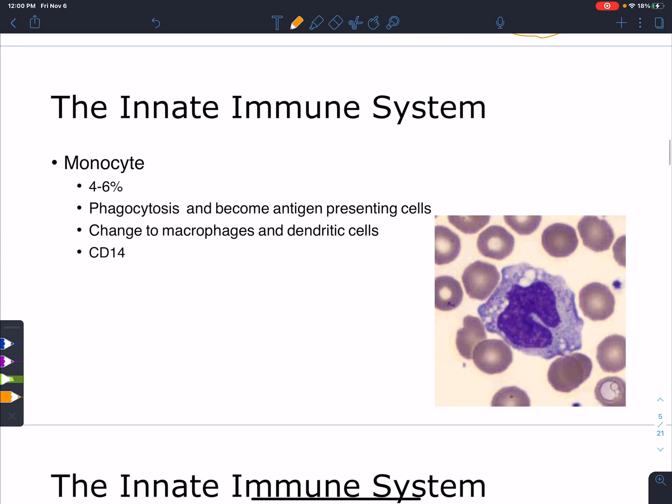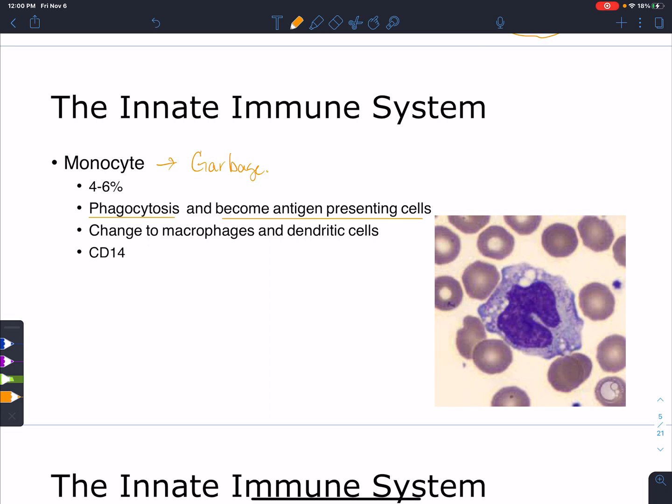And then here's Mr. Monocyte. I call him really the garbage collector. He does a great job. They're about 4 to 6% of what you're going to see normally floating around in your vascular system. What they do is they are involved in phagocytosis, and then they become that antigen-presenting cell.